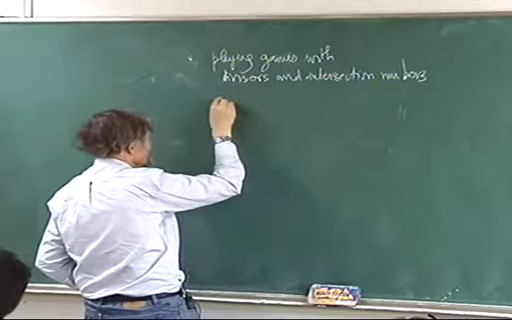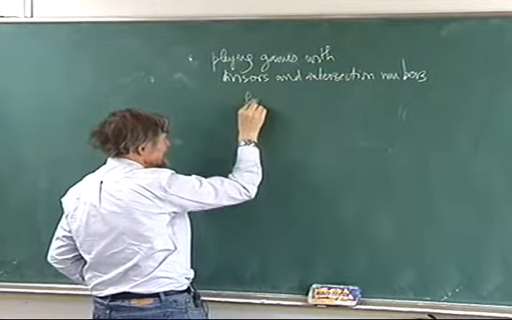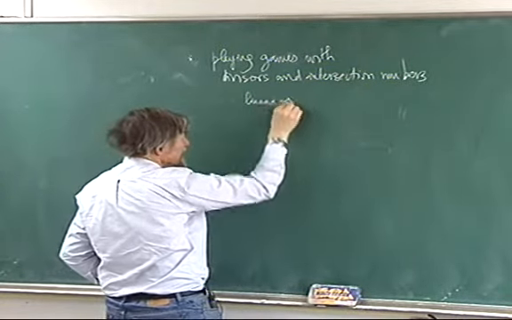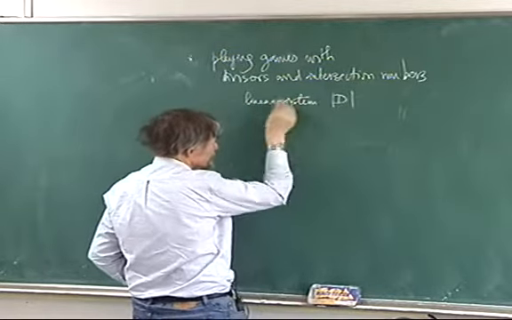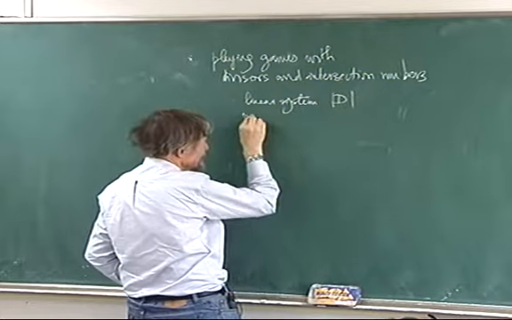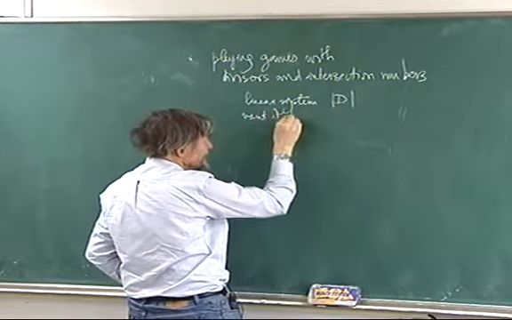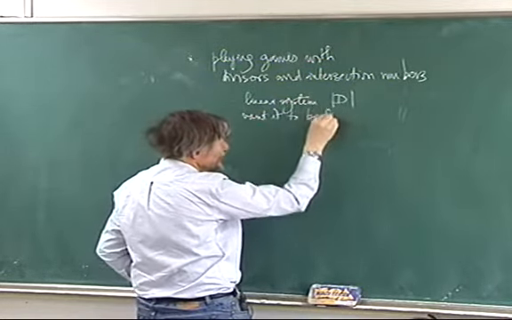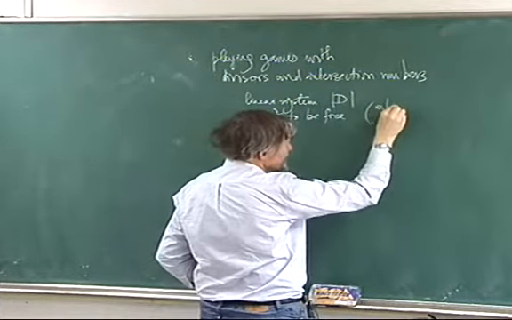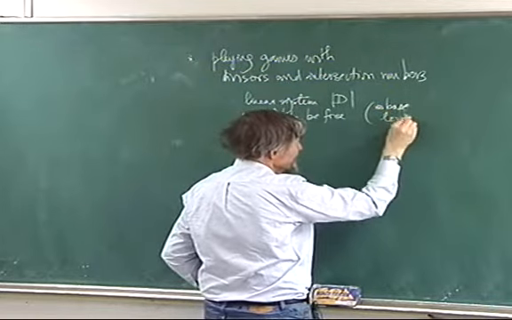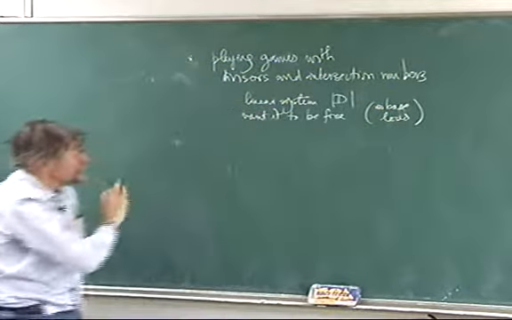So the general thing here is there's a linear system D, and maybe we want it to be free, in other words, no base locus. And there are different games you can play there.